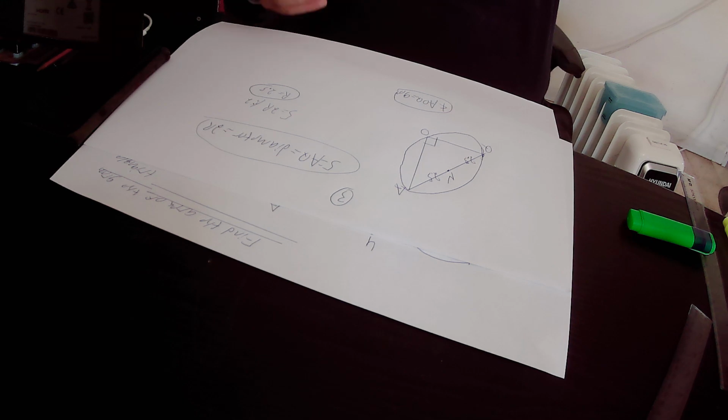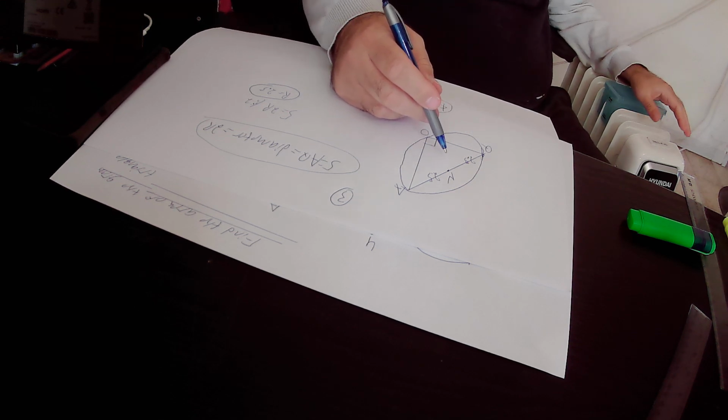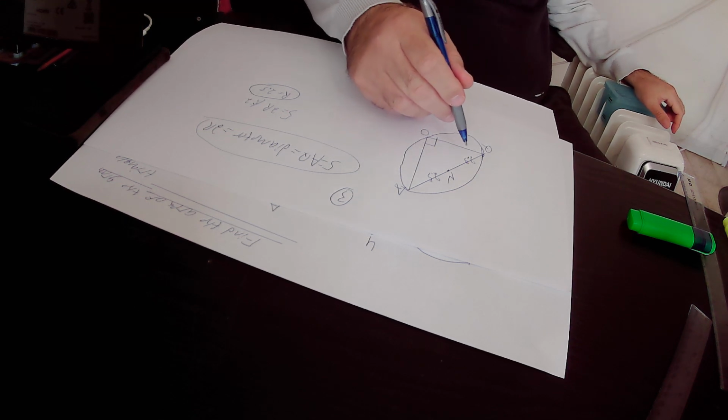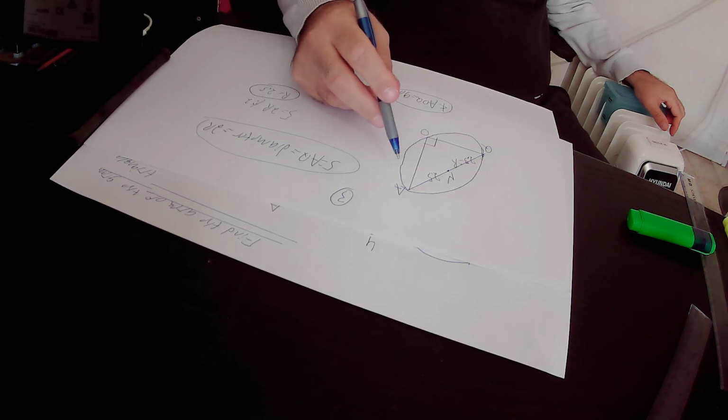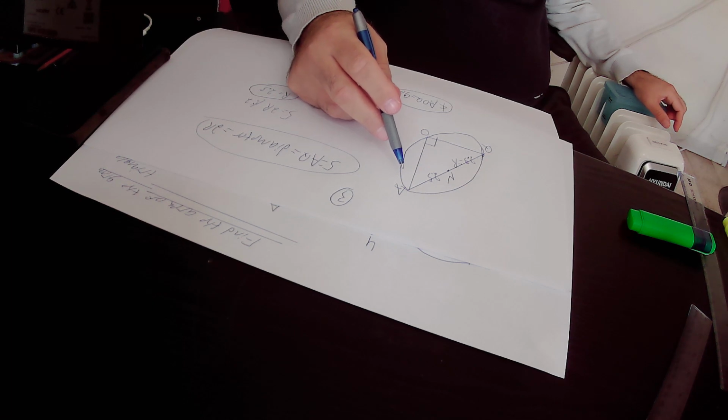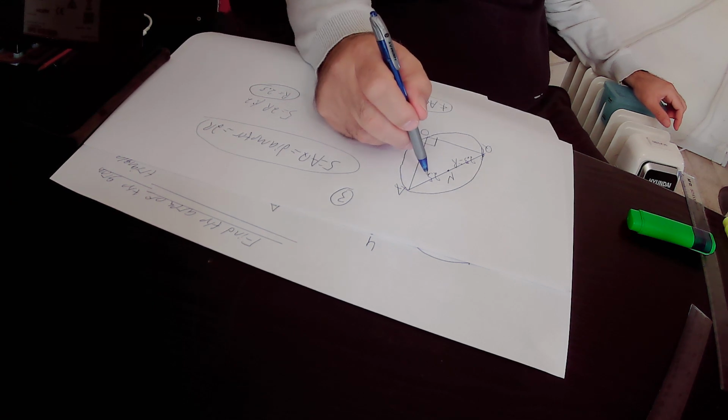We know that the radius of the circle equals 2.5 units. Therefore, ON, that is equal to 2.5, must be the radius of the circle, so it is equal to r.